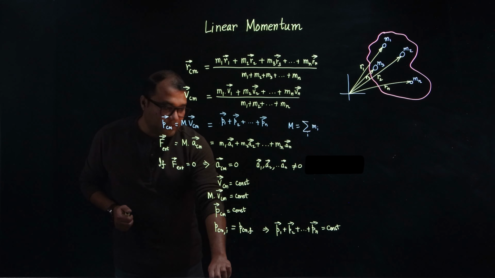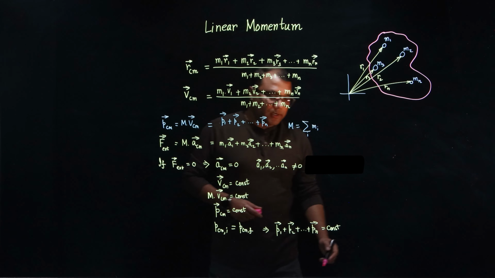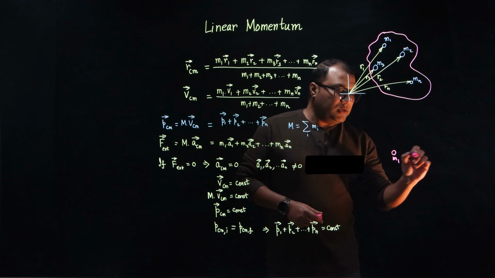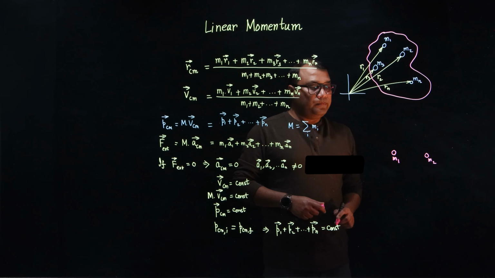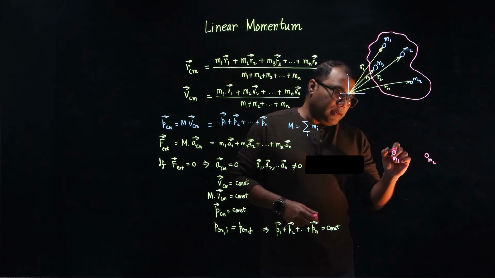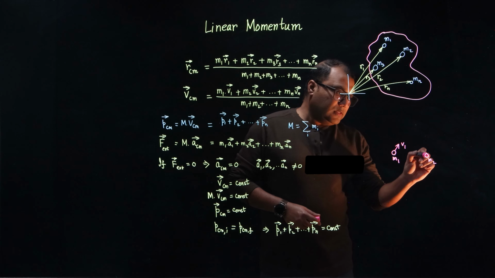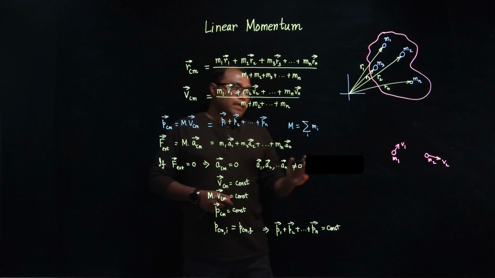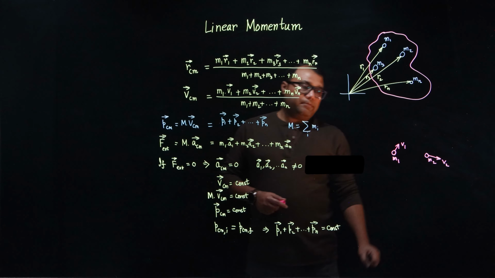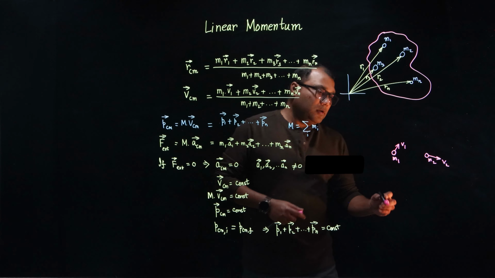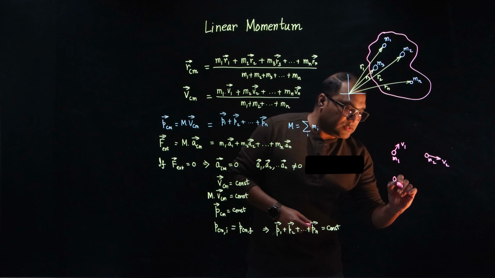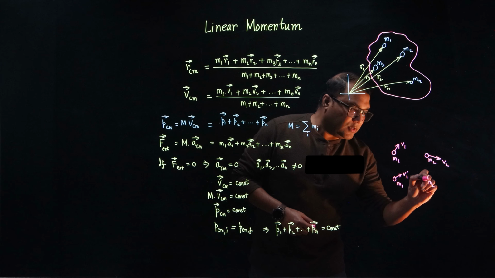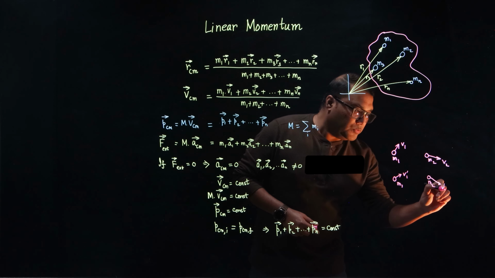Okay? So let's just simplify this, if there were just two bodies, let's say mass m1 and mass m2, and this was moving with velocity v1, this was moving with velocity v2, and something happened, there were no external forces, maybe they collided, and m1's final velocity became v dashed 1 and m2's final velocity became v dashed 2.